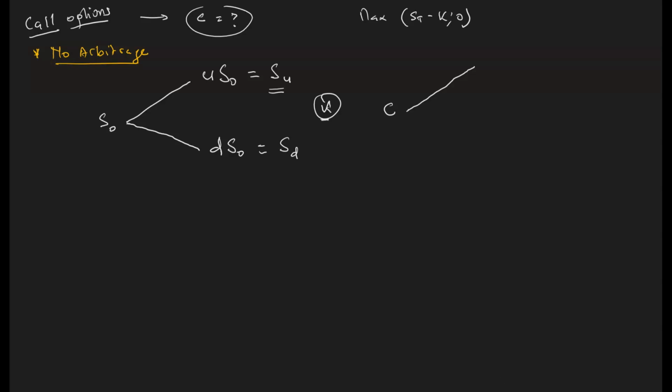This period here would be a period of time T. If the stock price at expiration is above the strike price, the payoff of the call option is going to be equal to stock up minus the strike price, because stock up is assumed to be greater than the strike price, and we're going to call that call up.